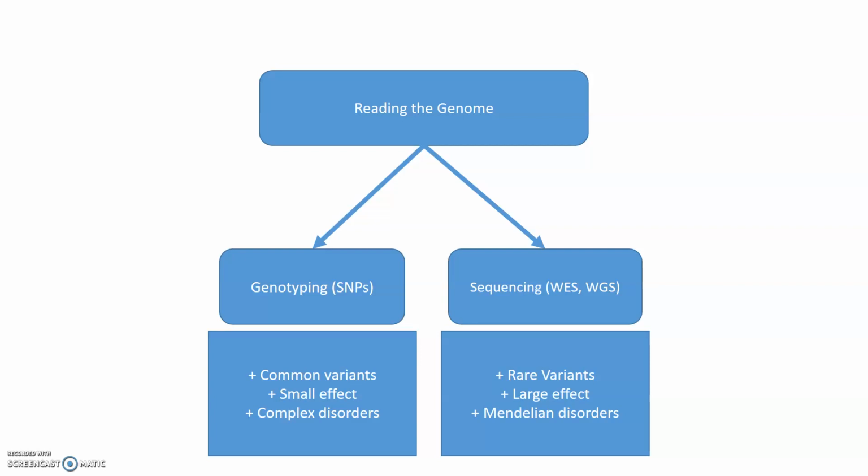Right now we are focusing, I'm going to get my laser pointer out, we're focusing entirely on this right side of our little figure here. Next week we will go through genotyping and what's called genome-wide association studies. Now, we're performing what's called whole exome sequencing, which is very important to detect specific variants that are very rare in the general population.